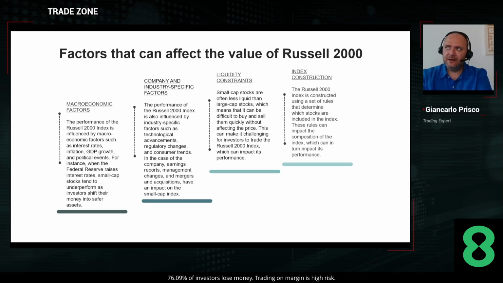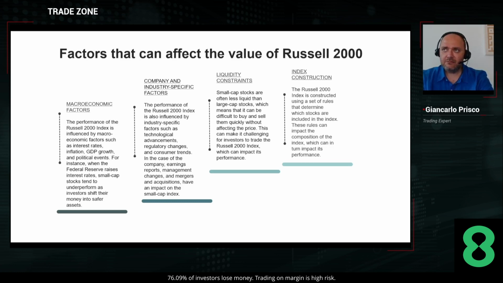So normally the Russell has a very good movement when we have a stronger economic cycle. Then we have company-specific factors, for example technological advancement, regulatory change, consumer trends. All these elements have an influence on the smaller caps of the Russell 2000.